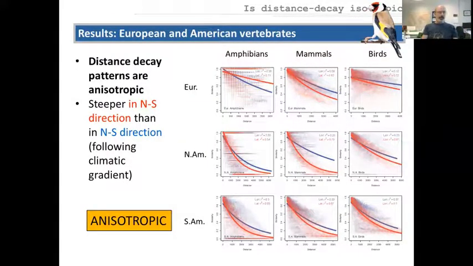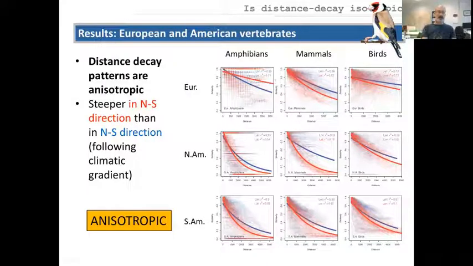In terrestrial vertebrates, we observe anisotropy too, but it's not as marked as in marine environments. And we have an exception, which is European amphibians, in which the turnover is faster in the east-west direction compared to the north-south direction.